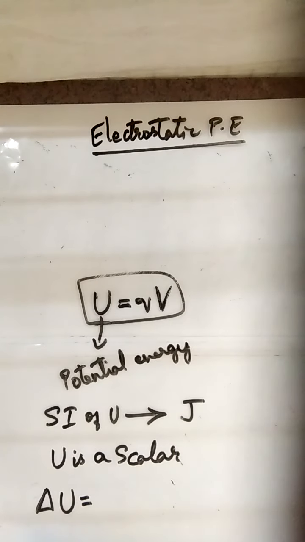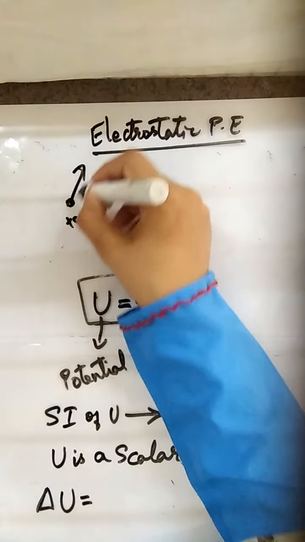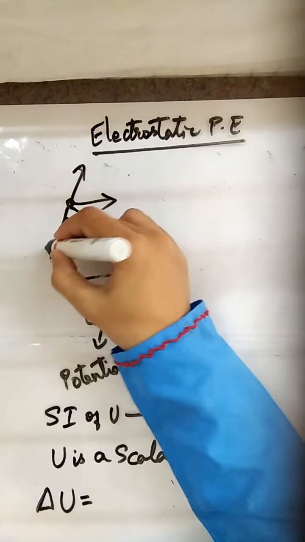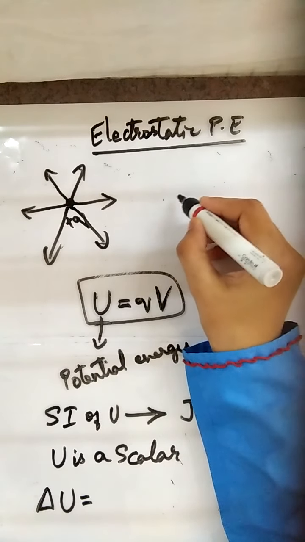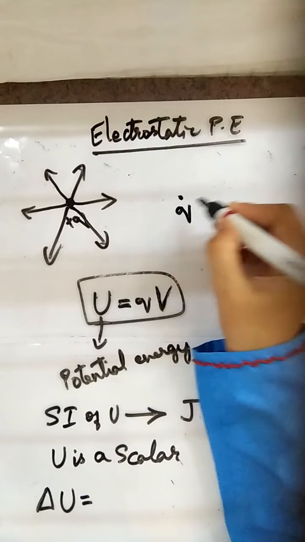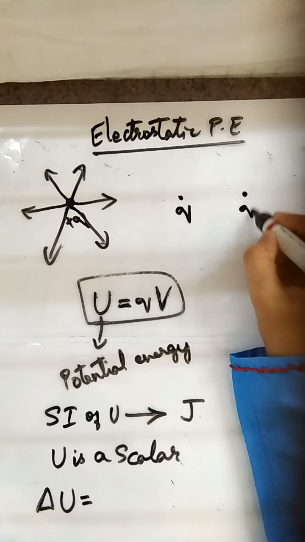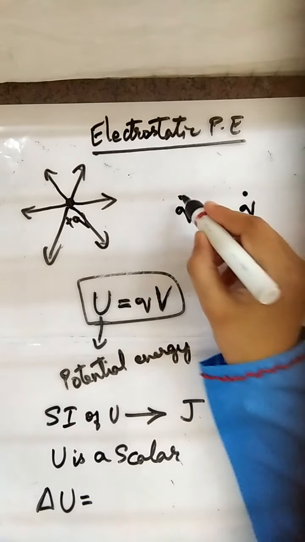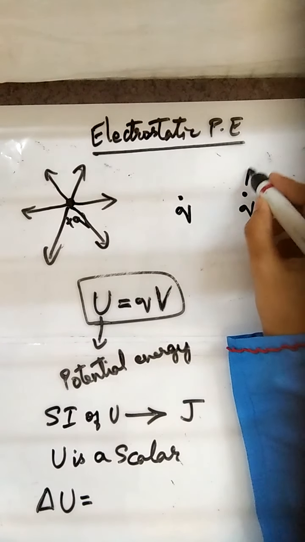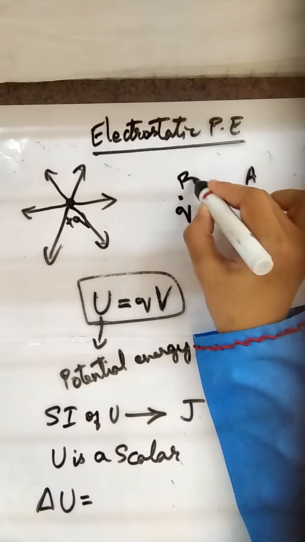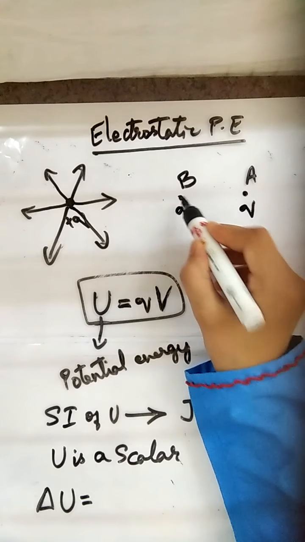Okay, now you have a plus q charge here, you are bringing another charge q, not from infinity this time, but from a place here to here. Let me call this point A, call this point B. So I'm bringing Q charge from A to B.